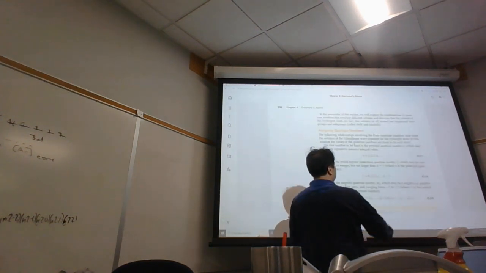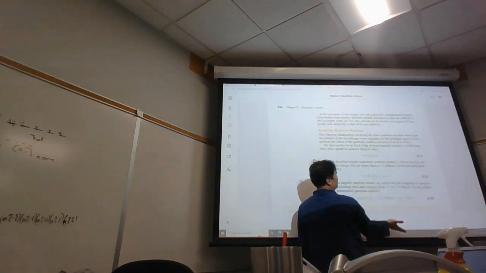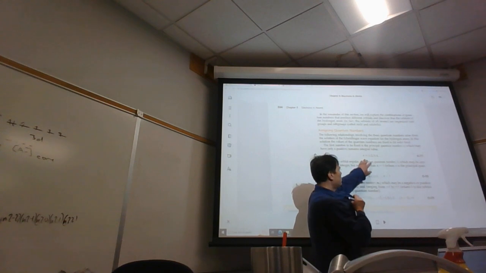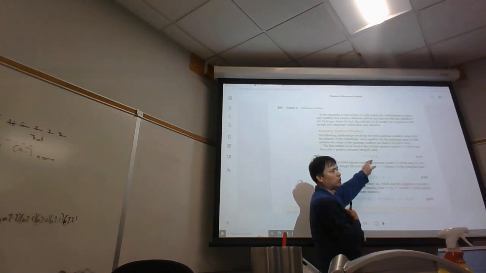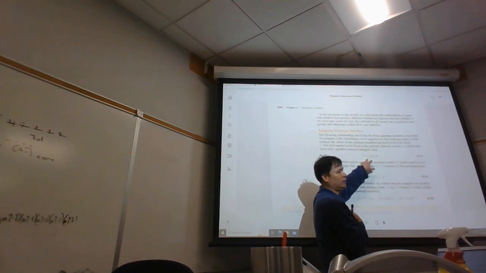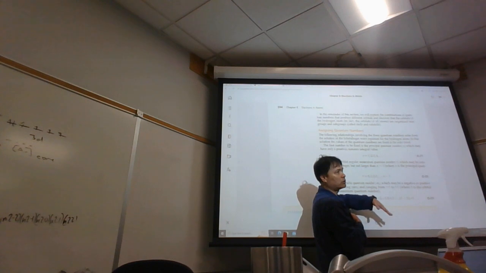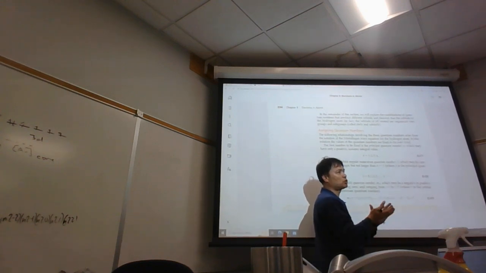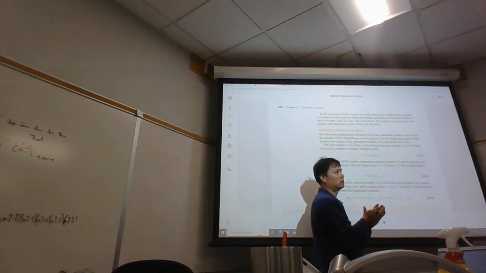The quantum number n, the principal quantum number, tells us for a single electron the energy level. For multi-electron, the energy depends primarily on n, the energy level, and secondarily on L, because L, depending on the shape, tells us how penetrating that orbital is.